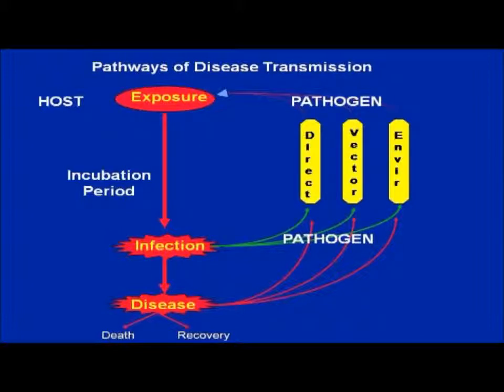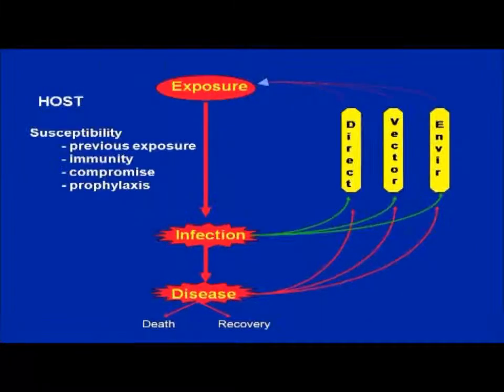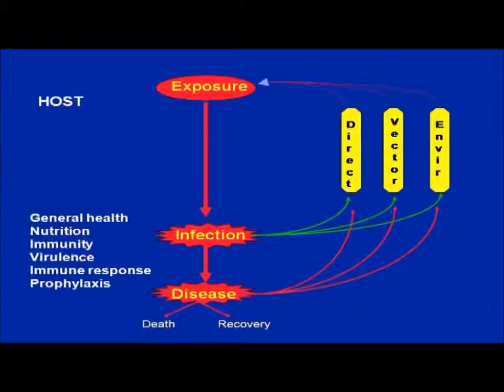That is called the incubation period. And this process has several influencing factors: previous exposure to measles virus, immunity, immune-compromised patients and prophylaxis, and general nutritional state, general health and immunity. These always affect or influence this process.